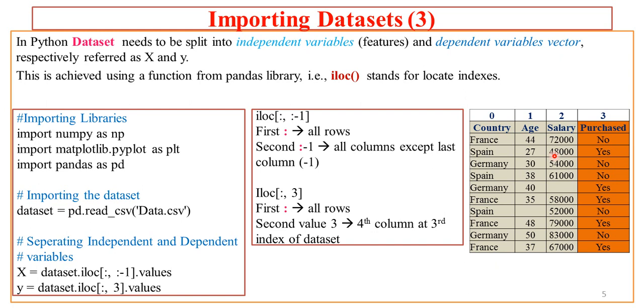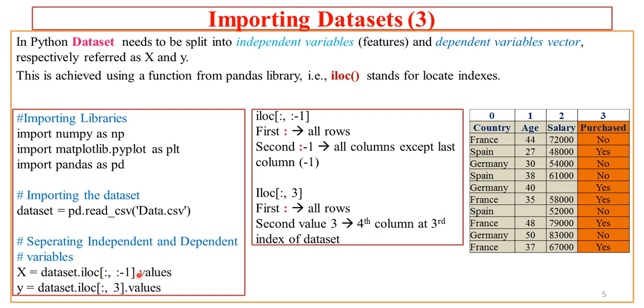It is our code which is going to separate them, and that code is basically these two lines, that is dataset.iloc, where we have done slicing. We'll focus on this slicing part, don't worry. The iloc function uses one attribute called values.